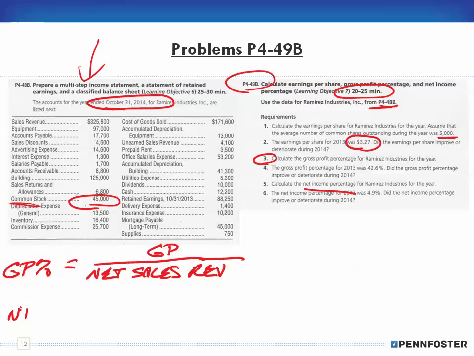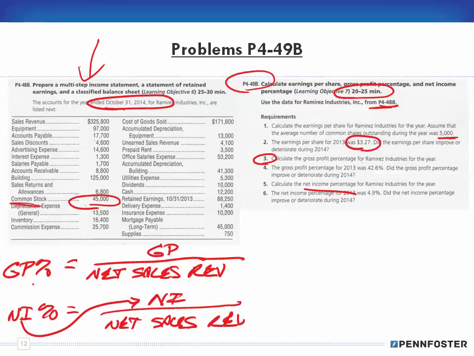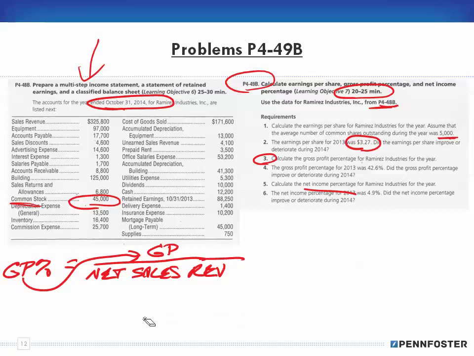If this was net income percentage, which is what we're going to do for 5, I'd still have my net sales revenue in the denominator, but the difference is now in the numerator, I have net income, right? And that's how I remember it. I don't memorize each formula. I just associate the information and remember, and that's just the way I do it. All right, so you decide whether you want to memorize it or not.